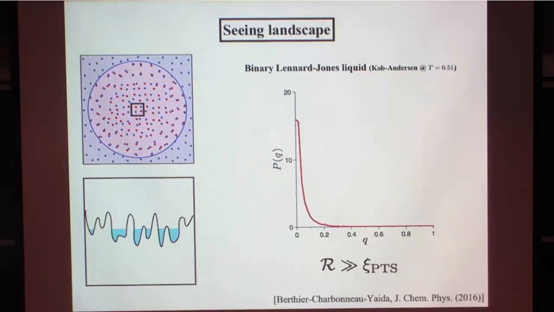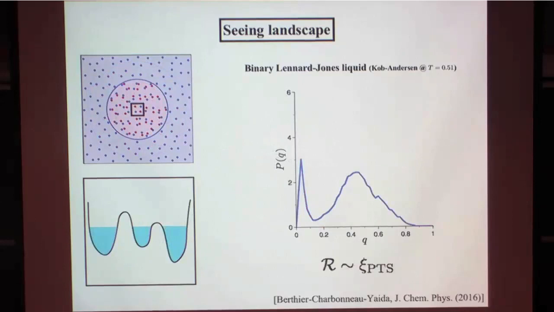The interesting thing happens at the intermediate length scale. Here, sometimes you end up in the same state, so that gives rise to this bump. And sometimes you end up in a different state, so that gives rise to this bump. So you have this neat bimodal structure that is pretty decisively telling you that you have this landscape structure. Okay. So why bimodal?